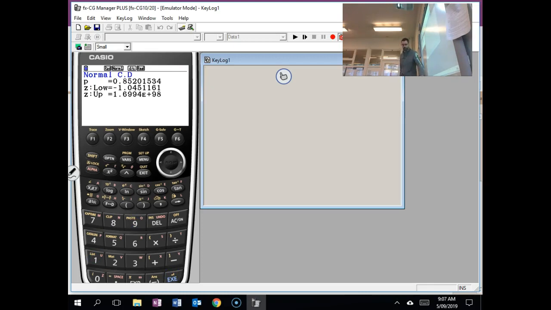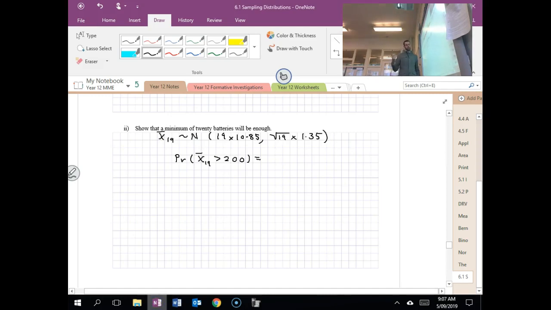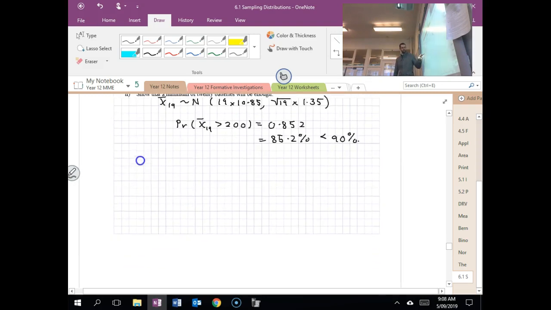We see that it suddenly rocketed up. That's a massive jump, but that's okay because we're dealing with big numbers, and our standard deviation is getting larger every time. So this is 0.852 or 85.2%, which is a lot closer, but it's still less than 90%. So we want this probability more than 90%.